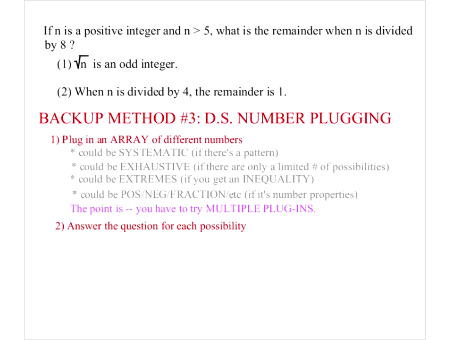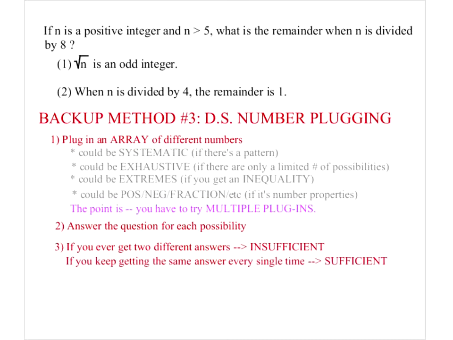And then if you ever get two different answers, that's insufficient. If you keep getting the same answer every single time, then that's sufficient. That's pretty much how this works. So you plug in an array of different numbers, answer the question for each possibility, and then you just see what happens.